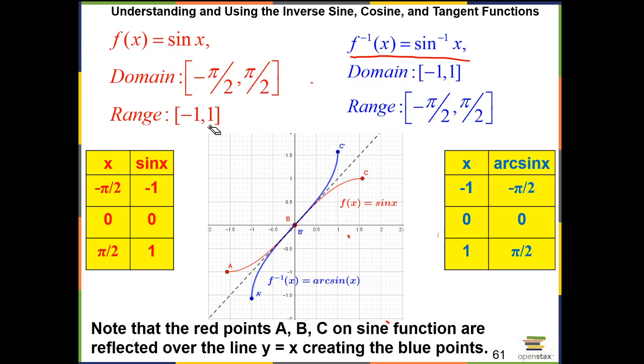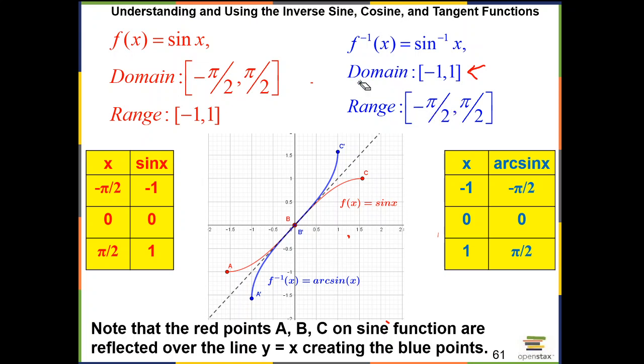Now, remember, when we find the inverse, what do we do? We switch x and y. And if you switch x and y, then the domain and range also get switched, right? So the domain of sine inverse is actually the range of sine, which is -1 to 1.